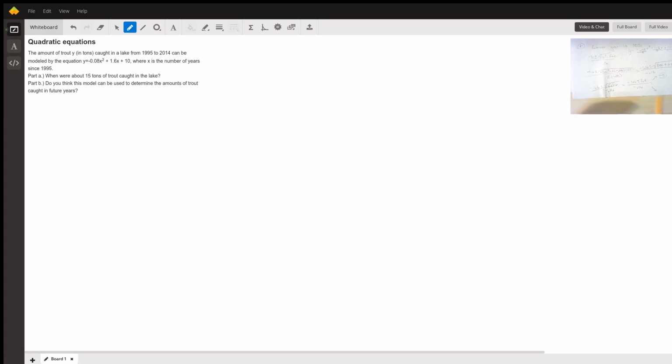It's okay. So negative 1.6 minus 2.4 divided by negative 0.16. Negative 1.6 minus 2.4 is negative 4, divided by negative 0.16 is 25. And so the zeros of this graph occur at negative 5 and positive 25.